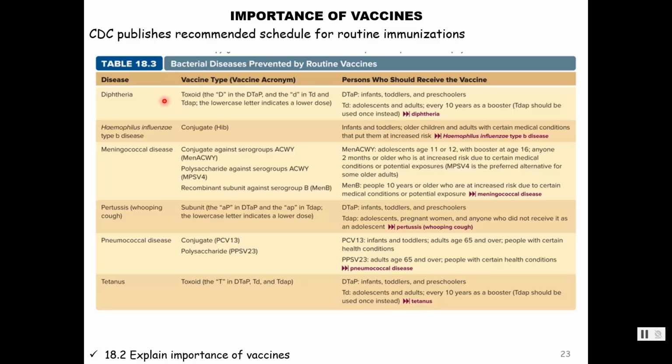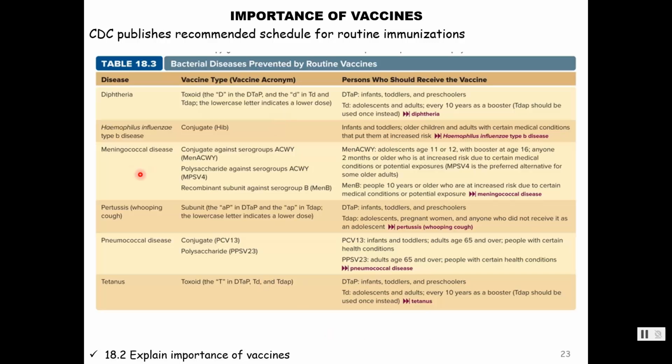Corynebacterium diphtheriae, that was that gram-positive rod. We looked at the whole Balto thing and that antitoxin. Haemophilus influenzae B, that was that bacterial disease that caused fatal meningitis in children under 5. Meningococcal, that was Neisseria meningitidis.